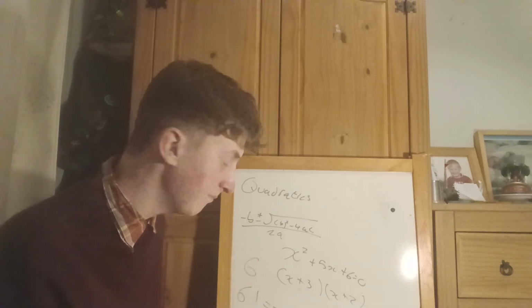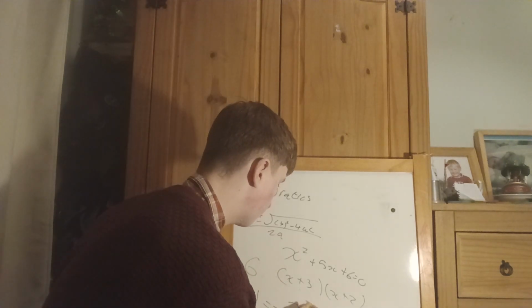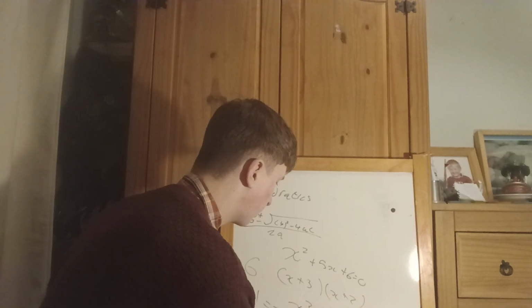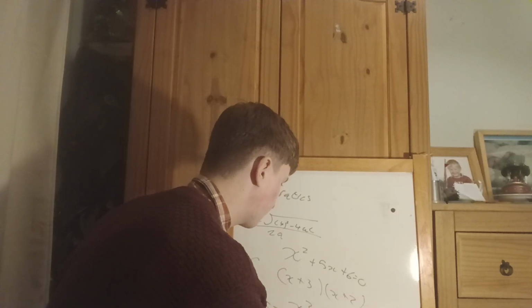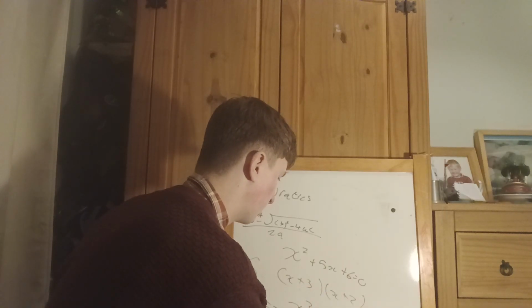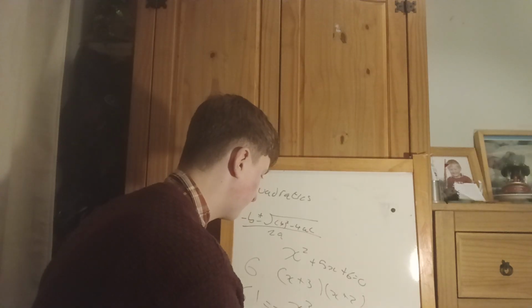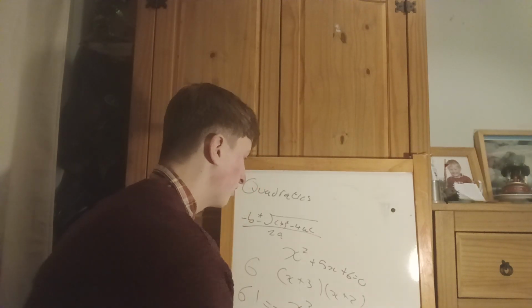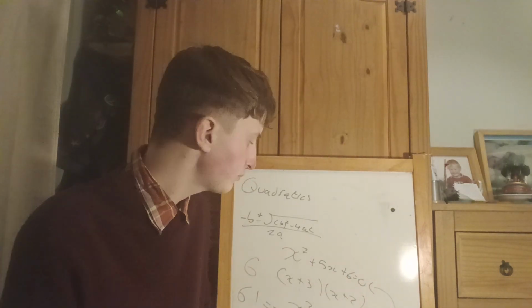Then if we expand this out, x times x is x squared, x times 2 is 2x, 3 times x is 3x, and 3 times 2 is 6. If we simplify this all down, we have x squared plus 5x plus 6, which is the same as our question up here.